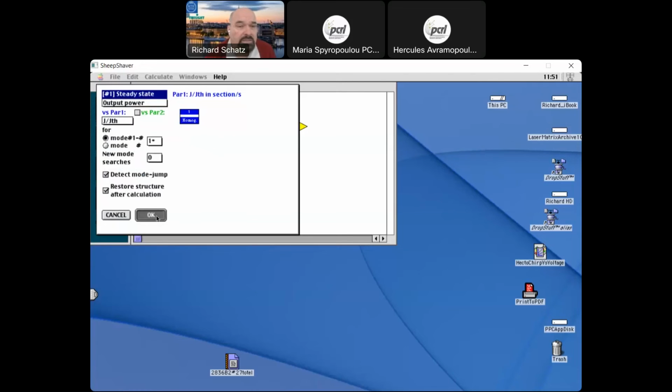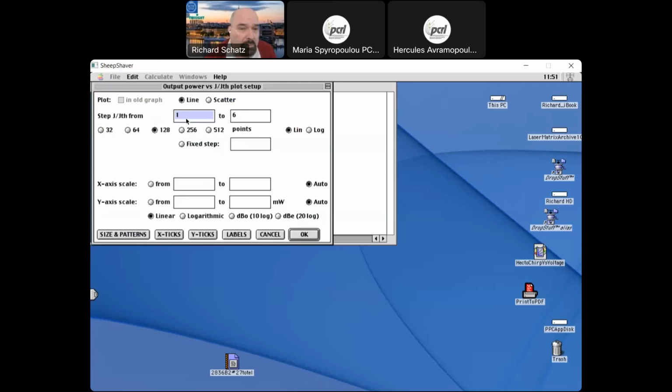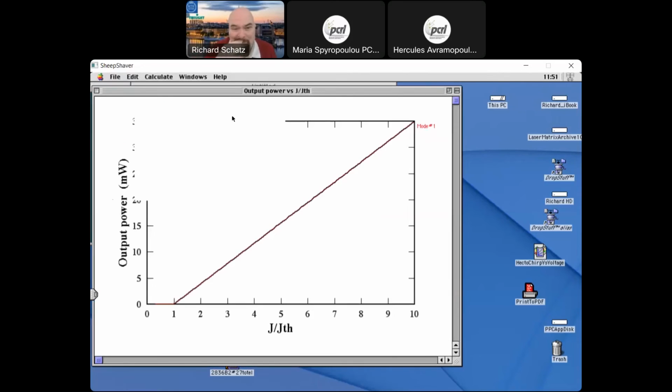So let's go from below threshold to above threshold, so maybe 0.1 to 10 times threshold here, and see how the output power looks like. And then you see here how the power increases above threshold, which is 1 here. The power increases linearly here.